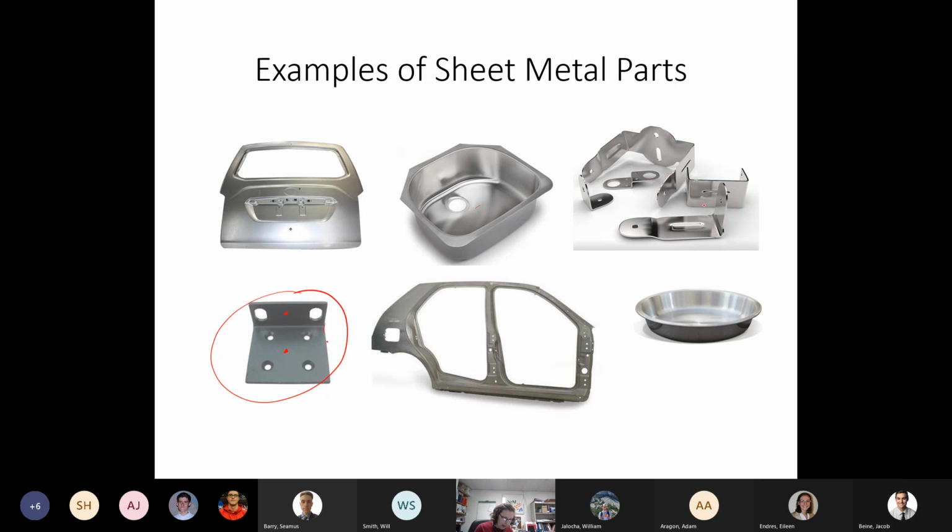Here, most of the parts over here are bending. This is not. There's even a type of forming that we might call drawing, and there's no L in there, but I can't say it without an L. Whereas these are, again, a little more complicated, these auto parts.